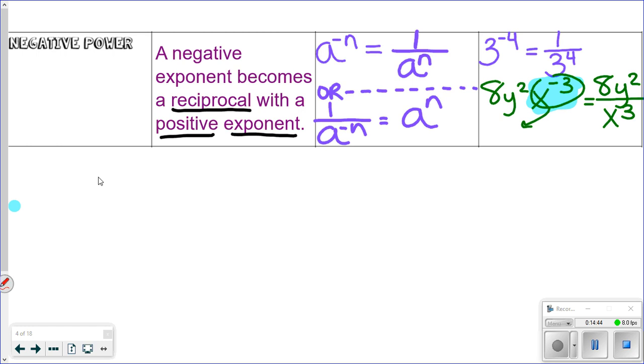All right, one more example. You should have room in your boxes because they're a little bit bigger than mine. And let's do 5x to the negative 4th power over 10y to the negative second power.